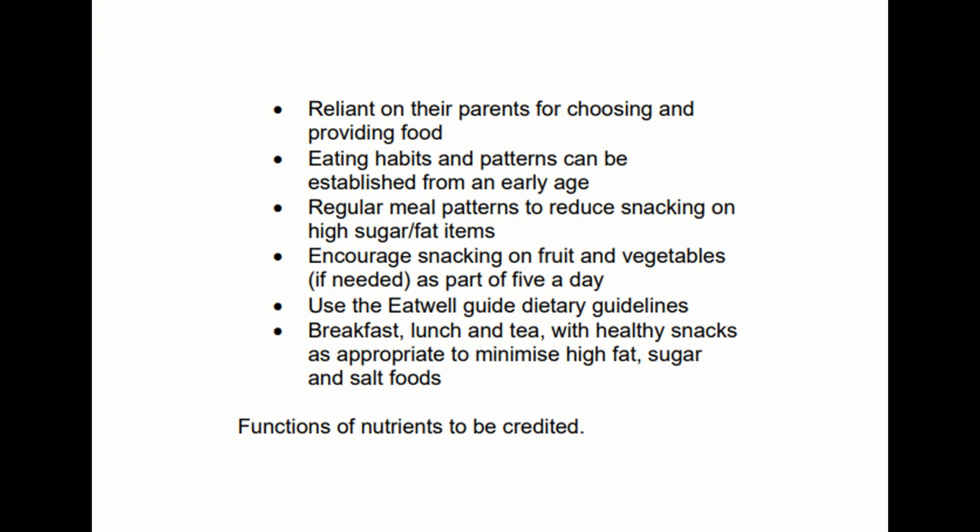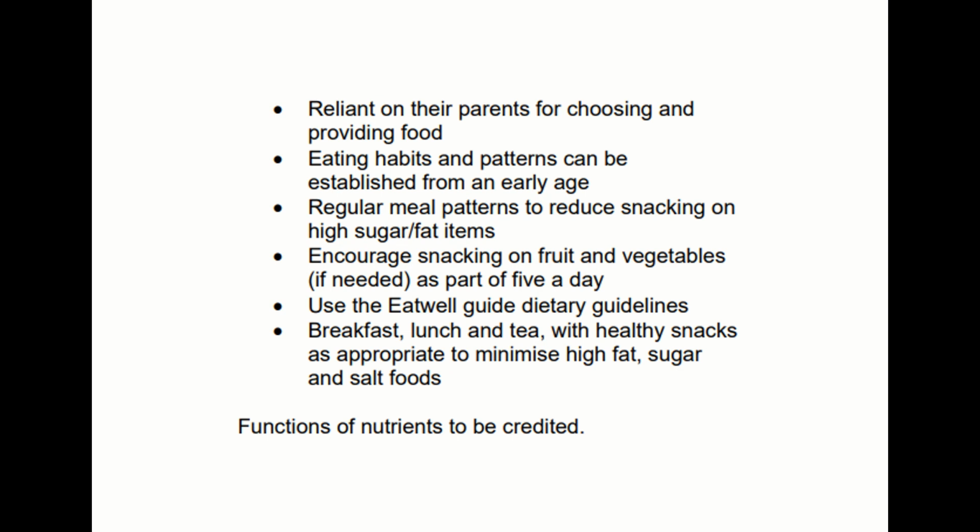The next bullet points of marks that you could achieve for preschool children is being reliant on their parents for choosing and providing food, or caregivers as well rather than just parents. Eating habits and patterns can be established from an early age, so ensuring that they are eating a healthy diet is something that they continue to do.